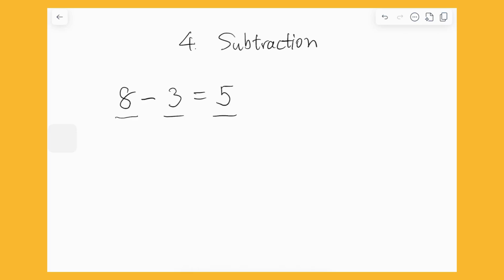Okay, so otherwise we can say subtract 3 from 8. The answer is 5. Okay, let's take a look at more examples. There are 7 children. Okay, 2 of them are girls. There are 5 boys. Okay, 7 minus 2 equals 5.